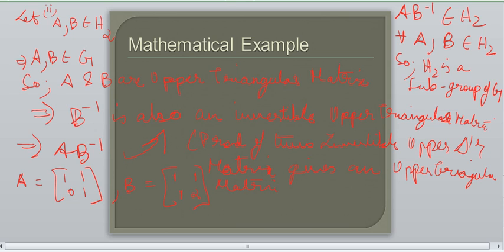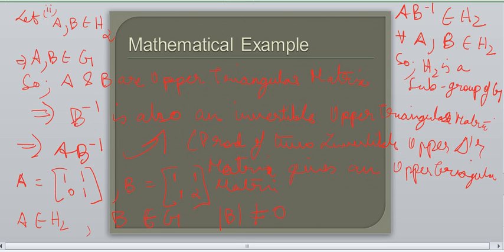If I take these two matrices, then A belongs to H2 since the determinant of A is not equal to 0, and A is an upper triangular matrix, you can easily see. And B belongs to the group G such that the determinant of B is not equal to 0 again. B is not an upper triangular matrix, but A is.